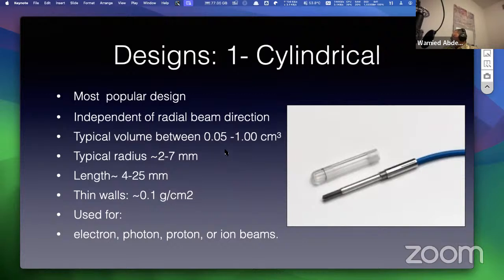Ionization chambers of volume 0.1, and then we have ones that have very small volumes of about 0.01 to 0.05. Typical radius could be between 2 to 7 millimeters, length 4 millimeters up to 2.5 centimeters. They usually have a thin wall, and they're used for electron, photon, and ion measurements.